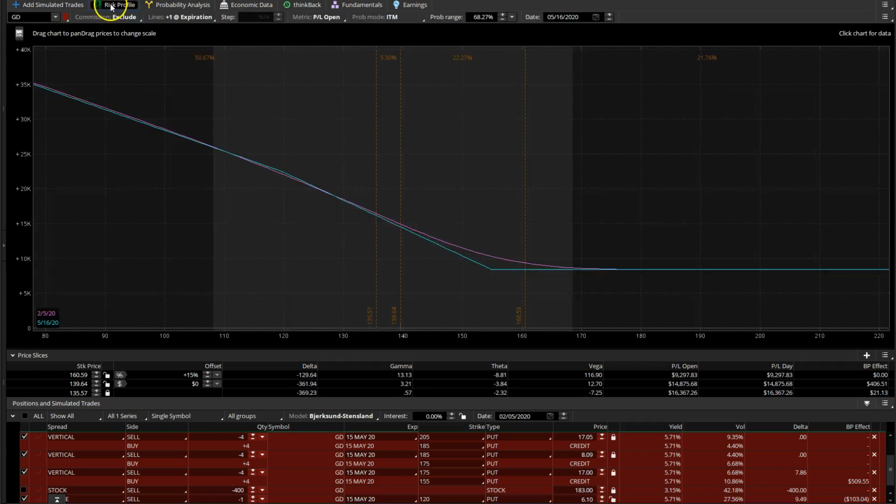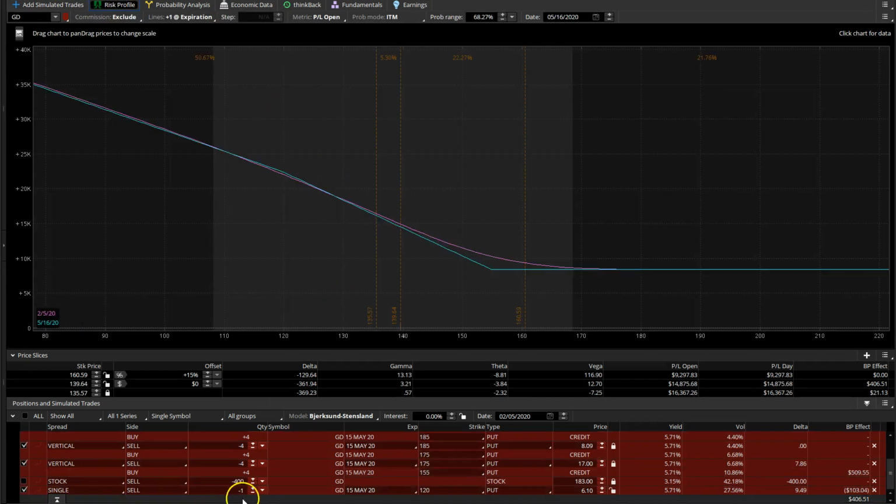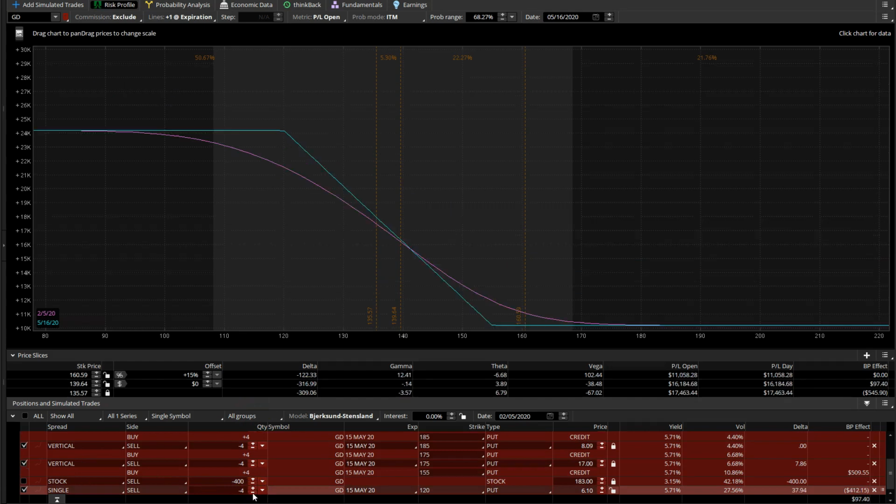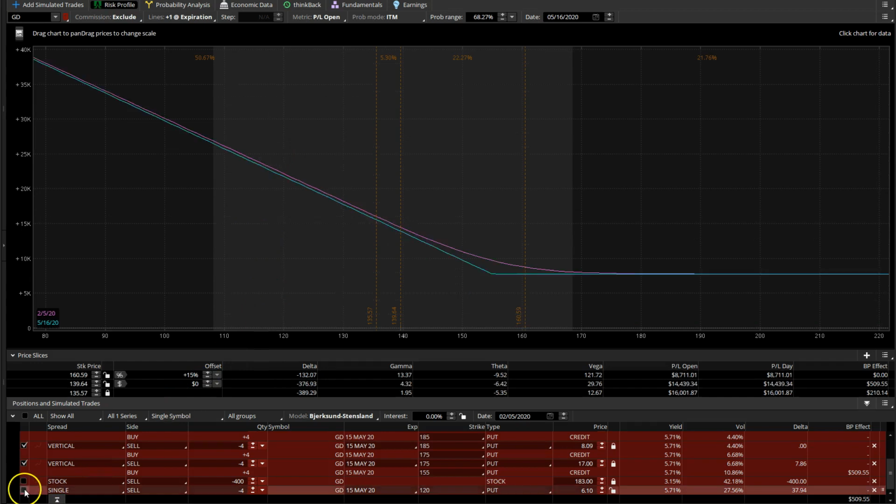I could sell that one and sell 4, and now my max loss will be $10,000, and I will be capping my wins at $24,000. So now I will get time decay in my favor instead of the other way around, where the time decay is against me.